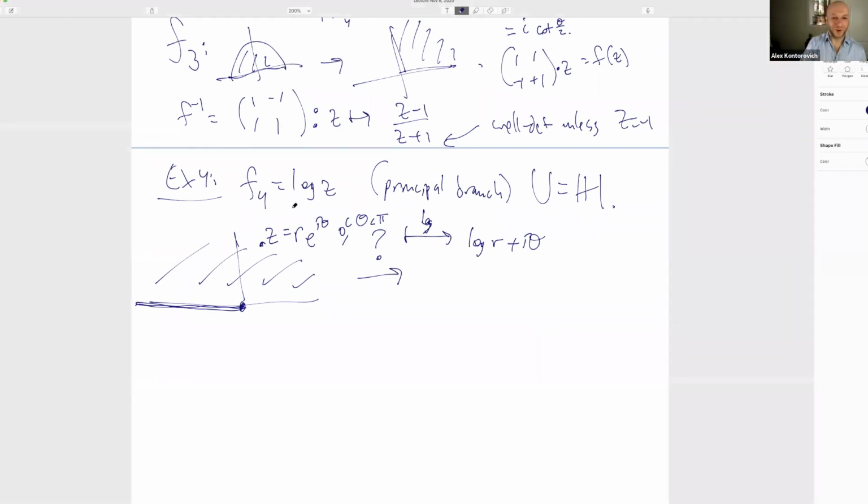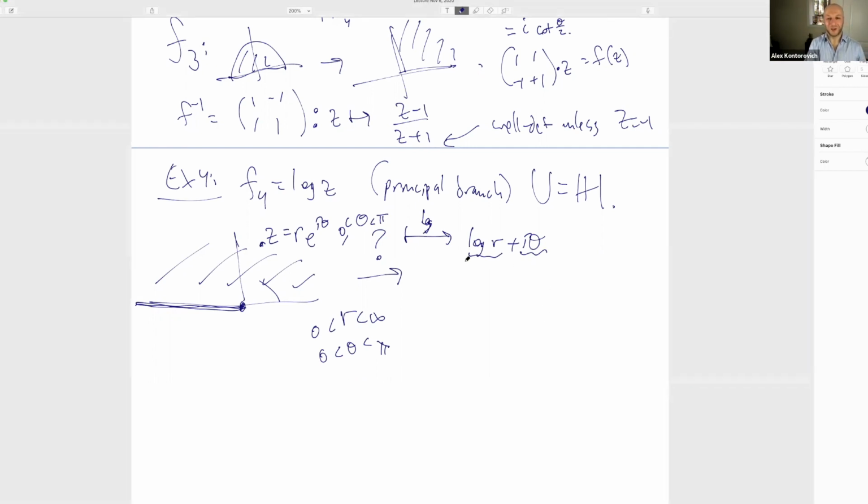And what's the range of r? r can be as small as you want or as big as you want, right? r ranges from 0 to infinity, and theta goes from 0 to pi. So this is the real part, and this is the imaginary part of the image.